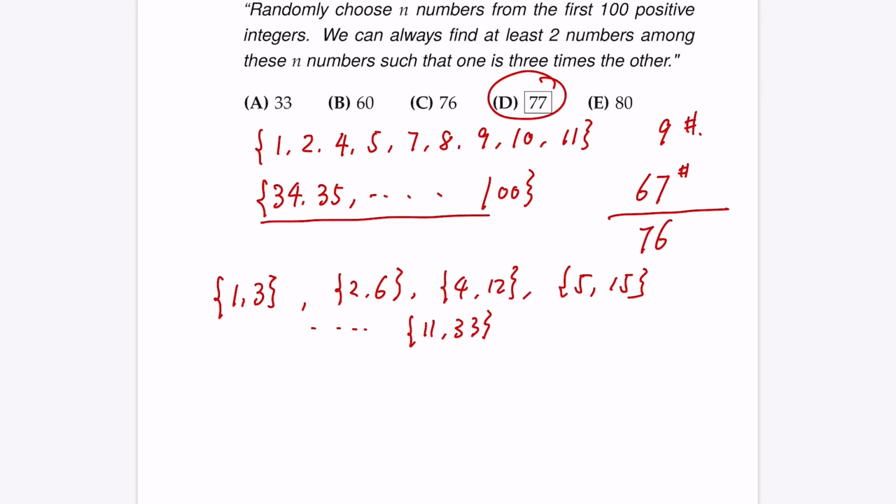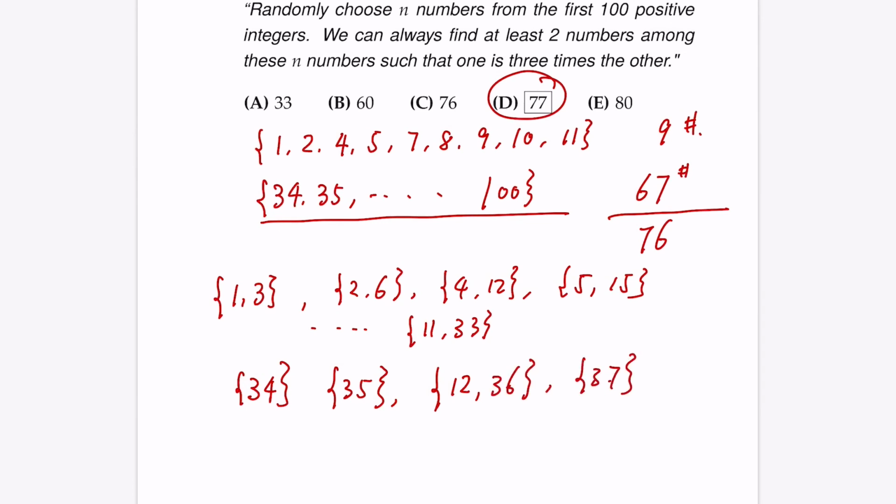And for 34 to 100, either we make each a single-number set, for example 34, 35, or in the case where it's divisible by 3, we divide it by 3: 12, 36, and then 37, 38, 39 becomes 13, 39.